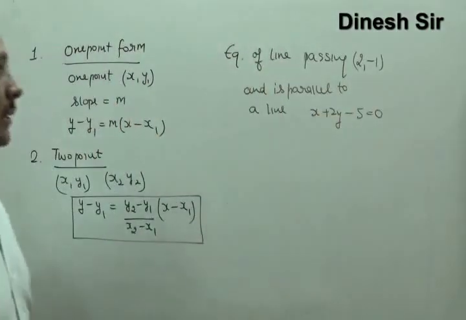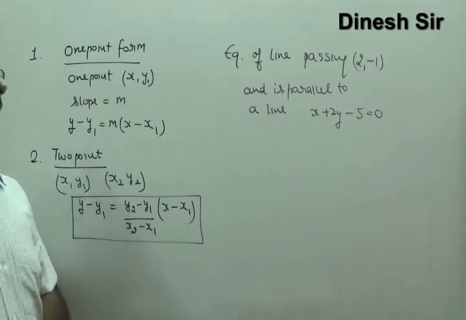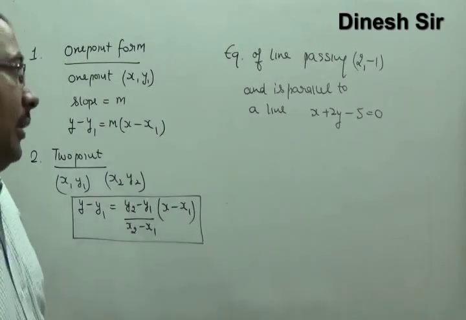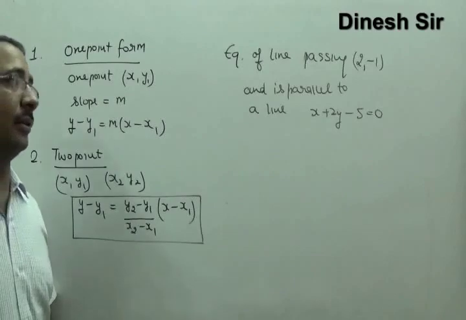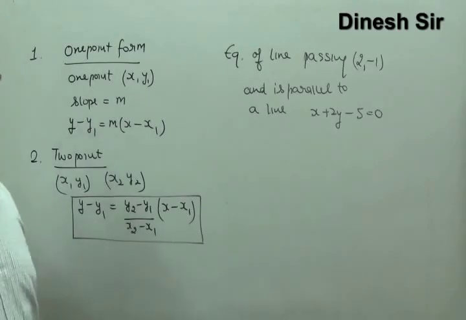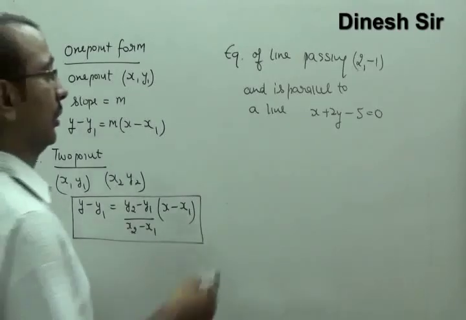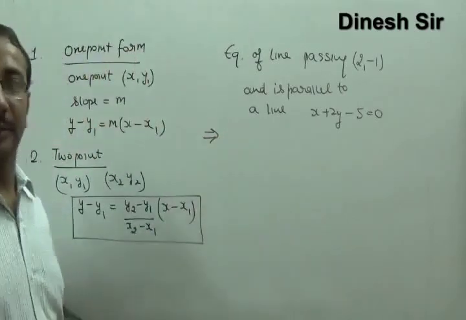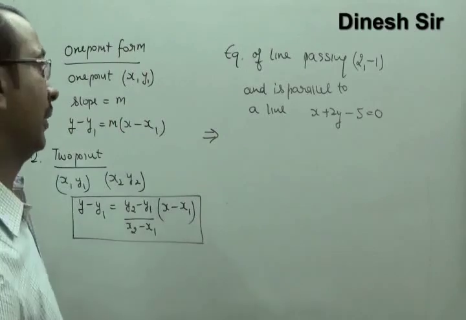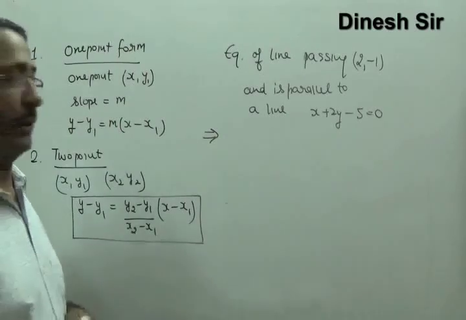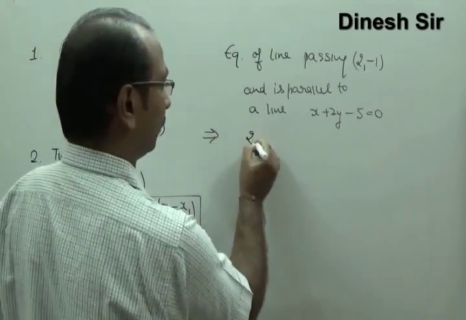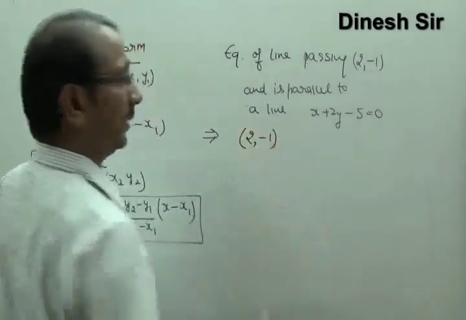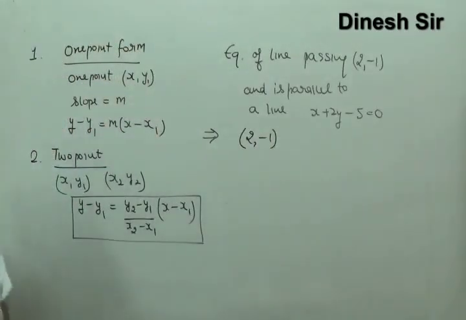The question is to find the equation of a line passing through the point 2 and minus 1, parallel to the line x plus 2y minus 5 equal to 0. Now we know that in order to find the equation of a line, we require a point, which is 2 and minus 1, and second, the slope of the line.